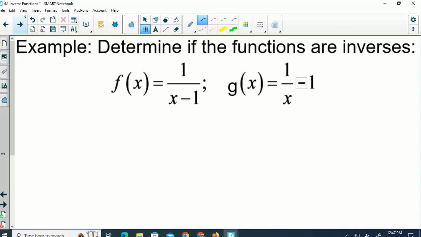Let's try another. If I want to decide if these are inverses, we have f of g of x. g of x is 1 over x minus 1, and I'm plugging that into f.